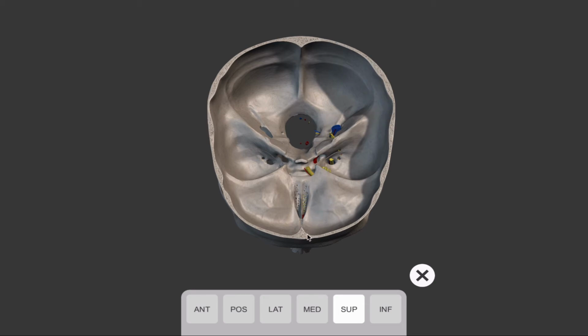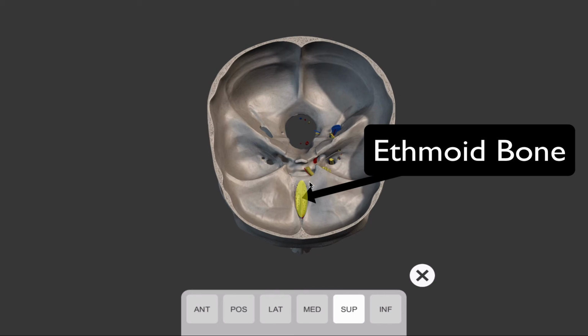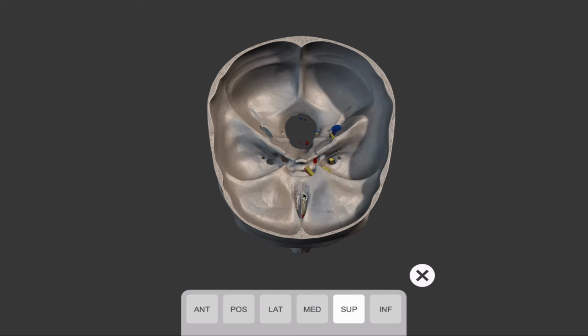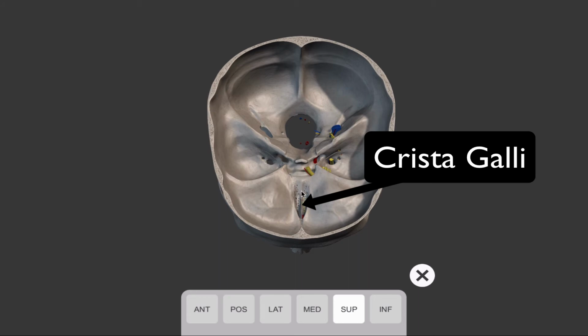There are 2 bones that I'm particularly wanting you to know from the inside of the skull that make up a portion of the floor of the skull. This bone right here that I'm outlining with my mouse arrow is called the ethmoid bone. And the ethmoid bone has 2 parts. This part right down the middle is sort of a ridge, and it is called the crista galli.